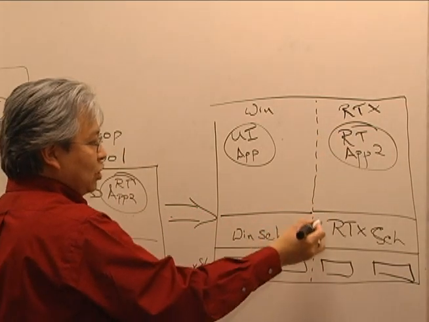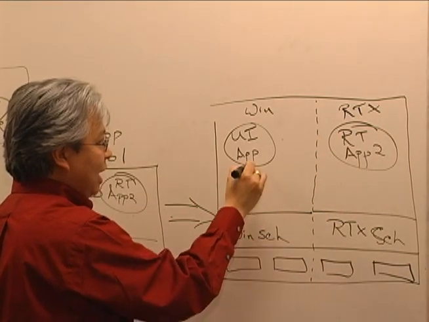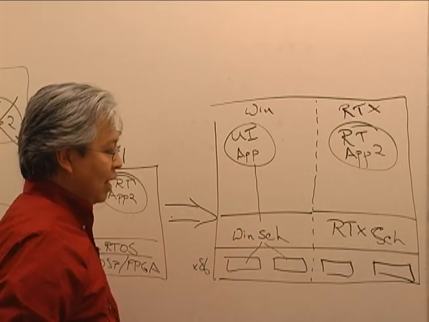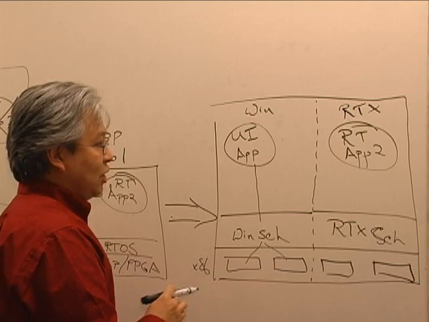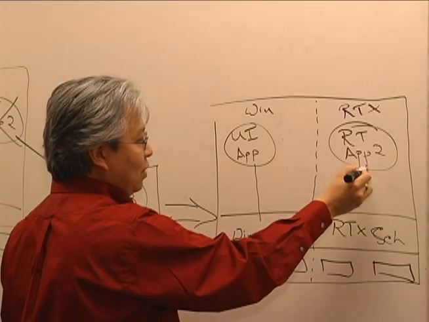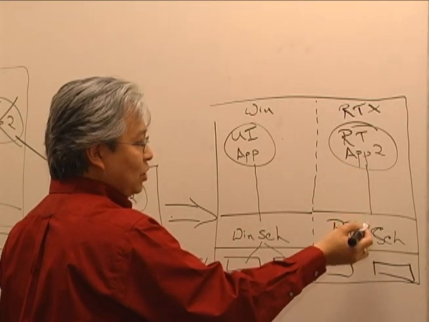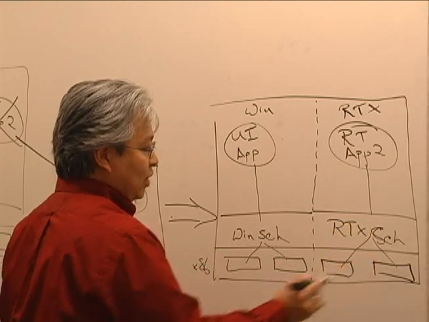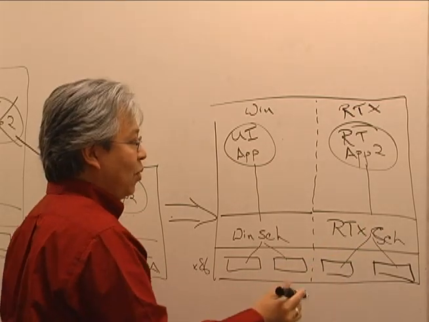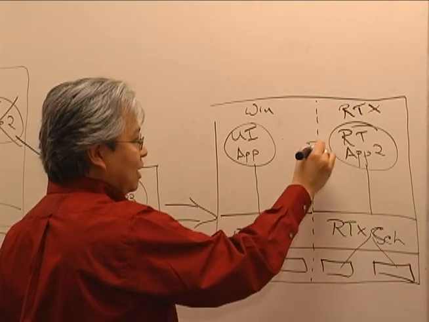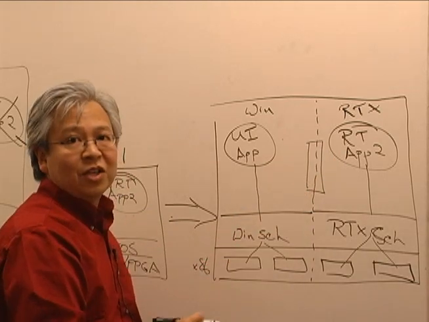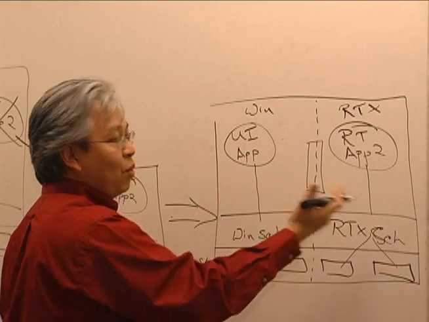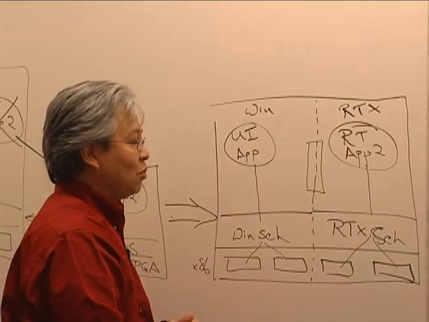And the beauty now is you actually have a parallel world. You actually can have the UI talking directly to the Windows scheduler, and then it being allocated and run on the cores that are associated with Windows, while you can have the real-time application and threads going through the RTX scheduler, which is an extension of Windows, and it will schedule things to its associated or dedicated cores. And one of the really nice benefits is you actually have very nice communications between these two subsystems, because you can actually import and export the different API sets towards one another.